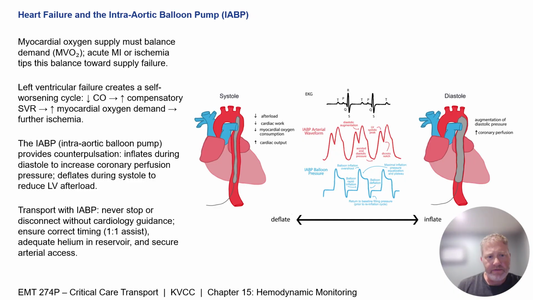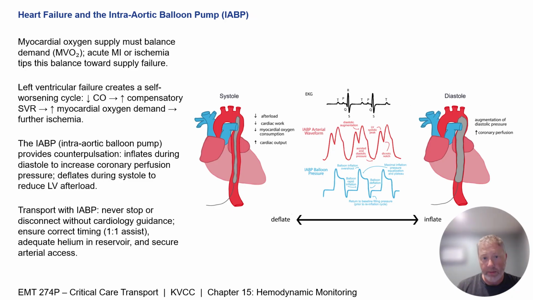All right, so heart failure and the intra-aortic balloon pump, or the IABP. In heart failure, the reduced forward flow lowers oxygen delivery, the DO2, while compensatory vasoconstriction raises afterload and increases myocardial oxygen demand, creating a vicious cycle.